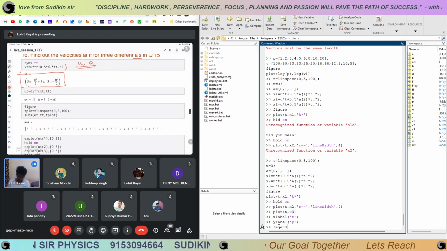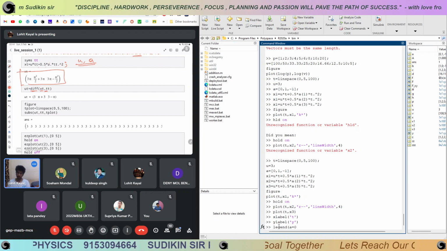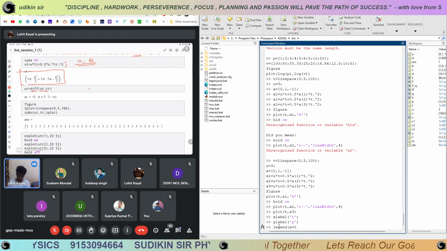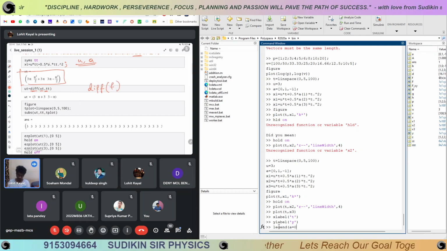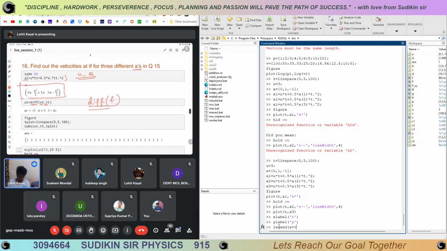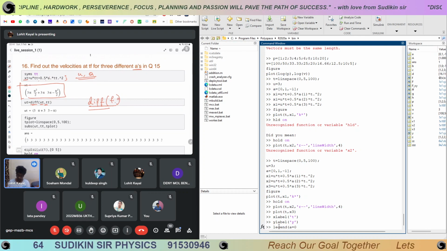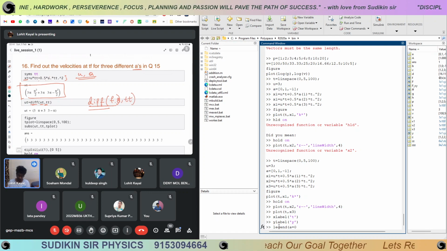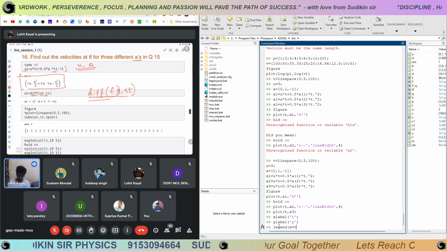All right, now ut equal to diff xt comma tt. Previously I have told that this is the syntax for diff. I am differentiating xt with respect to tt, because here tt is the only symbolic variable.